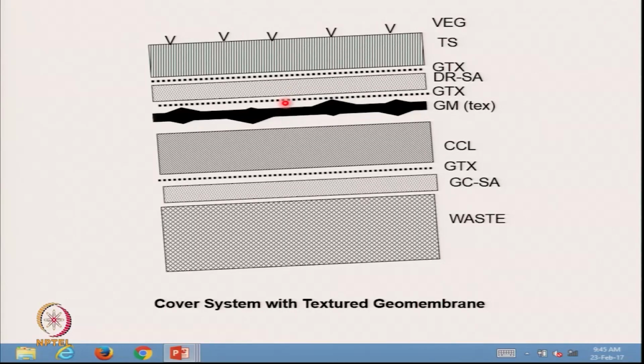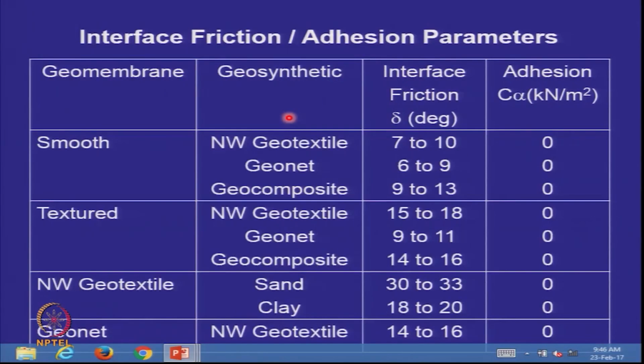But if you have a protector in the form of a geotextile, you need this angle, geotextile to geomembrane. We can see here that if I have a smooth geomembrane and I put a non-woven geotextile on top, it will be 7 to 10 degrees. However, if I texture it, it will go to 15 to 18 degrees. So texturing was always better, and we need these delta values for design.